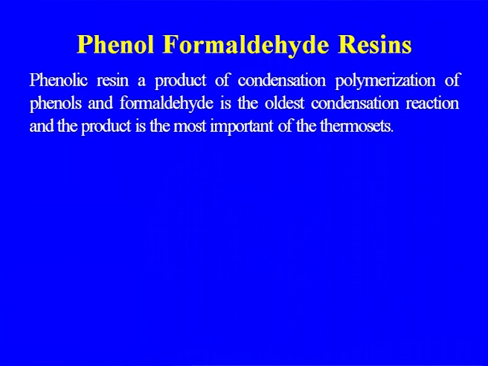So, let us discuss now the phenol formaldehyde resin. Phenol formaldehyde resin, a product of the condensation polymerization of phenols and formaldehyde, is the oldest condensation reaction, and the product is the most important of the thermoset resins.